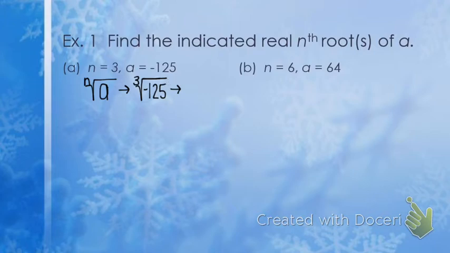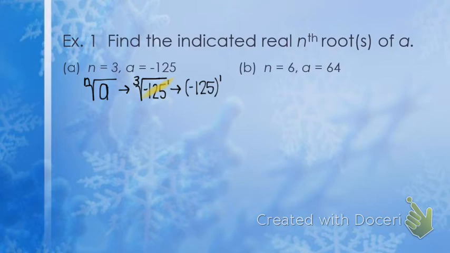The first. So when I say the entire power has to come out from under the radical, I mean the entire power. So negative 125 raised to the first power. I have to pull out and write down the entire power. The only reason I'm putting this number in parentheses is because it's negative. If it was not a negative number, I would not have to put it in parentheses, but it is.